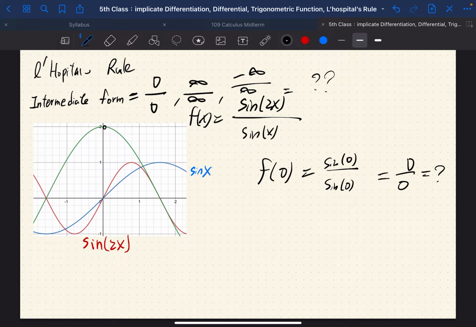So it's called an indeterminate form. So actually, when x is 0, f of 0 is not defined. It does not exist because nothing can be divided by 0.